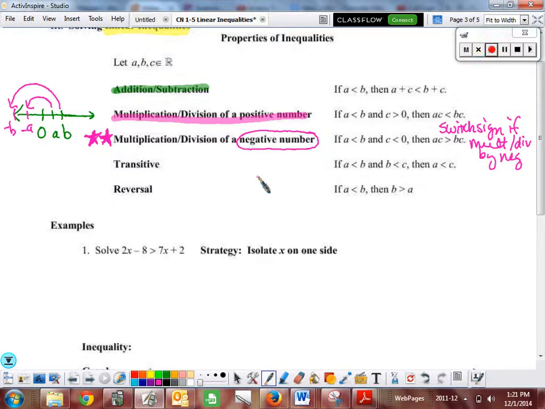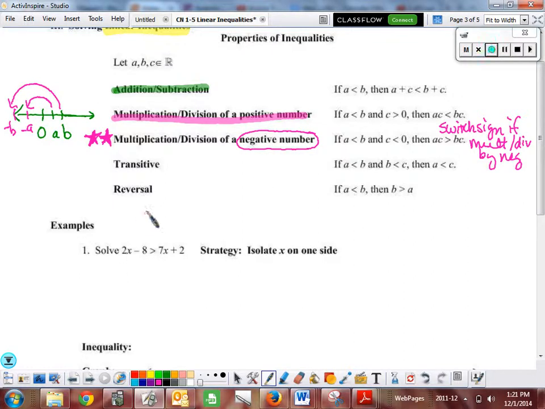What do we know about x? Do you know if x is positive or negative? Do you do something different if it's positive than when it's negative? But yet you don't know if it's positive or negative. So if you were going to try to multiply both sides of an inequality by x, I'm going to look at you and say, are you supposed to switch the sign? You're not supposed to switch the sign. How do you know? You don't.